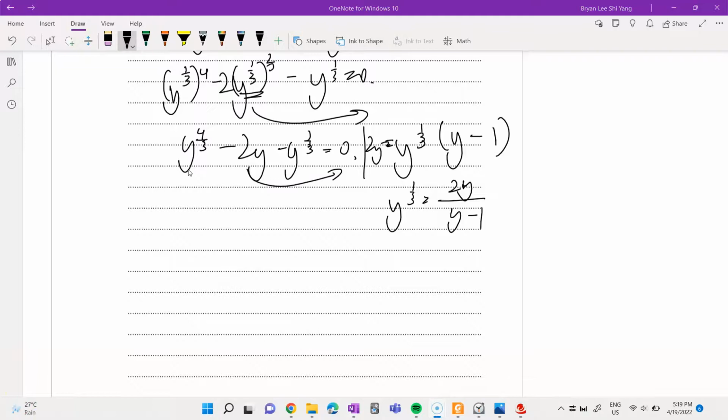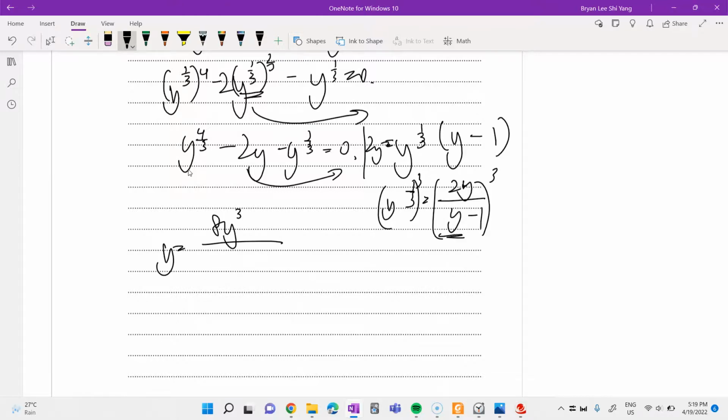Okay, so when you cube it, you cube this whole thing, then you also cube this whole thing. So you would have y equals 8y cubed times this algebraic expression cubed, and if you remember the binomial series, y cubed minus 3y squared plus 3y minus 1.